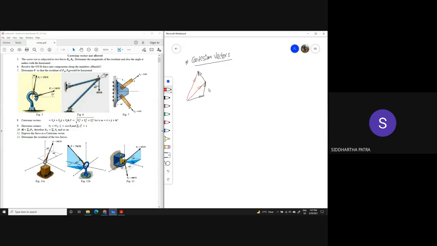Now, two vectors of course construct a plane.